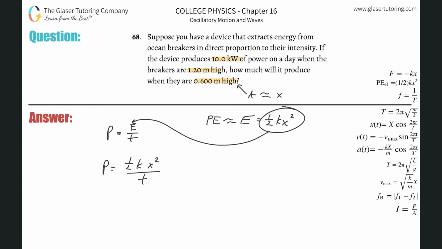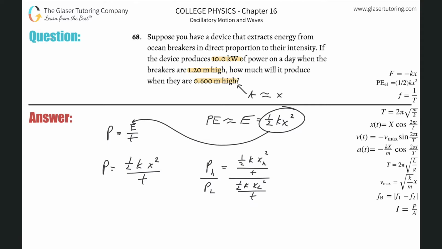I can say that the power supplied when the wave is high is equal to 1/2 times k times the height of the wave squared, divided by t. Now divide that by the power when the wave is low, which is 1/2 times the force constant times the height of the wave when it's low, squared, all divided by t.